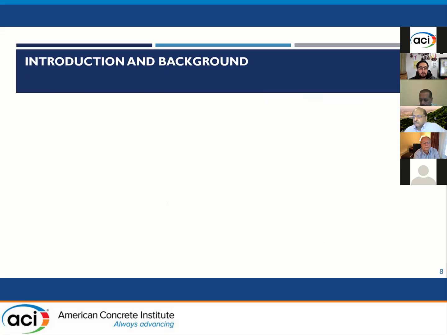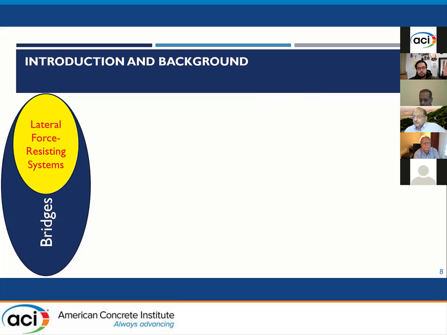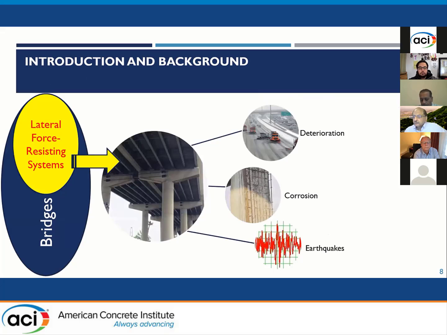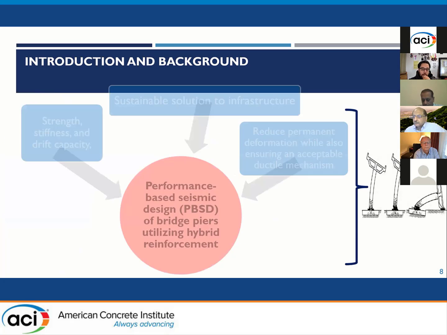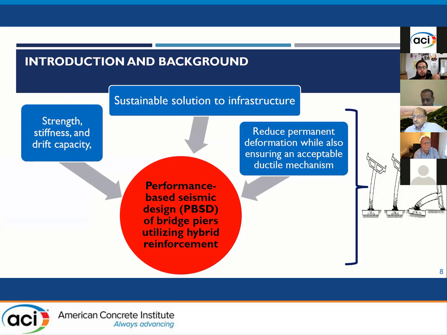We all have bridges and lateral force resisting systems. We are concerned about the deterioration caused by corrosion, and when earthquake excitation happens, our infrastructure is extremely damaged. We need to propose something that first provides enough stiffness and strength, reduces permanent deformation, has a mechanism of ductility, and last but not least, is a sustainable solution.